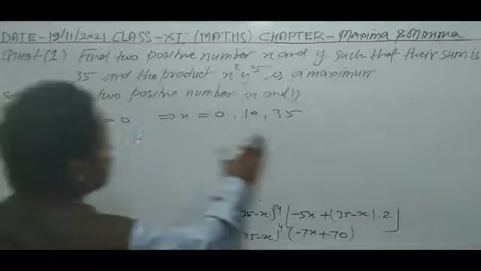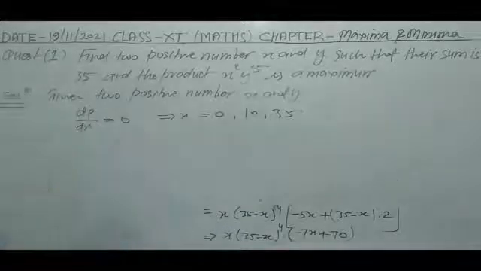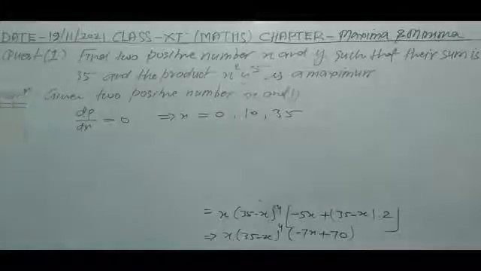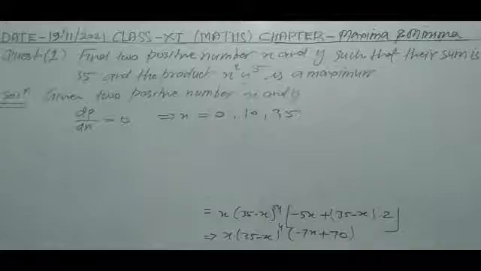When x is equal to 0, the whole result will be 0. Then we consider x equal to 10 or less than 10.